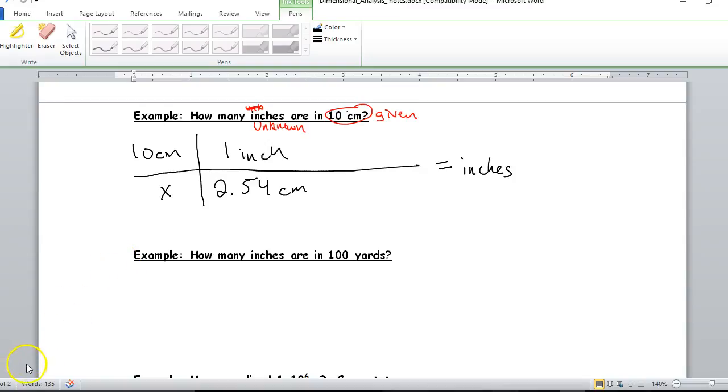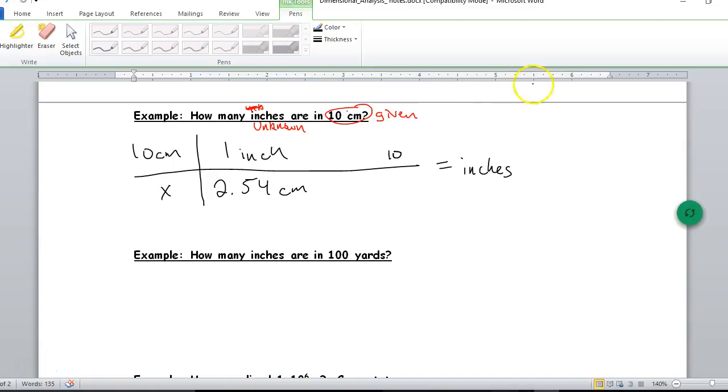So what's left to do here is our math. We're going to do 10 times 1. You can do this all on your calculator, but I'm going to write out my numbers here. So 10 times 1 obviously is 10, and then we divide by 2.54.